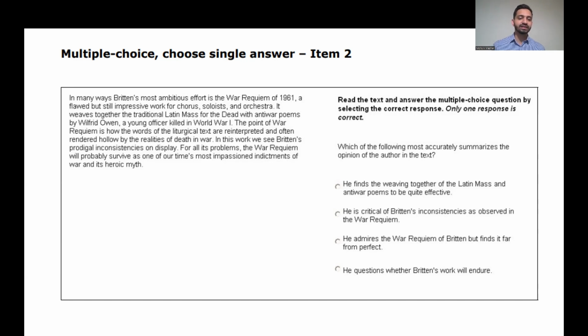He's still saying that it's most impassioned indictment. So he's still admiring it, right? And he doesn't question whether the Britain's work will endure. That part is not anywhere in the passage. So we will eliminate that, because it's not presented to us in the passage that this work will endure or not. It doesn't really say that.